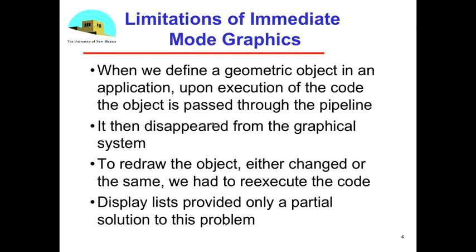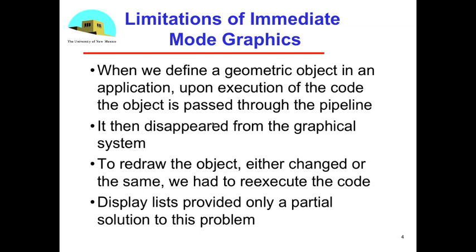Once you displayed something, there was no way to regenerate or move the object. You could regenerate it, but there was no way to move it or alter it or really do anything with it without redrawing it from the code that specified it. So you always had to go through the code over and over again, even just to keep things refreshed.